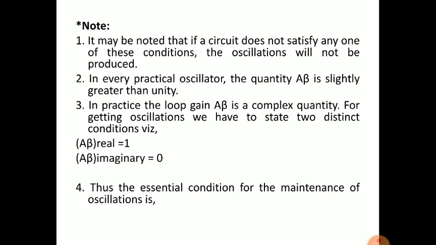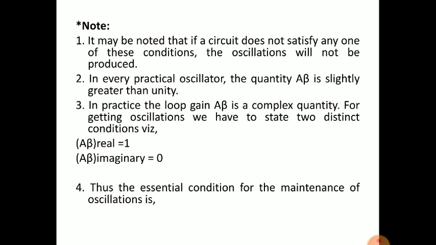In practice, the loop gain A beta is not a real number. It is a complex number. It will have both real and imaginary parts. So, in order to maintain the oscillations, we have the condition A beta is equal to 1, which is written as A beta real is equal to 1 and A beta imaginary should be equal to 0.